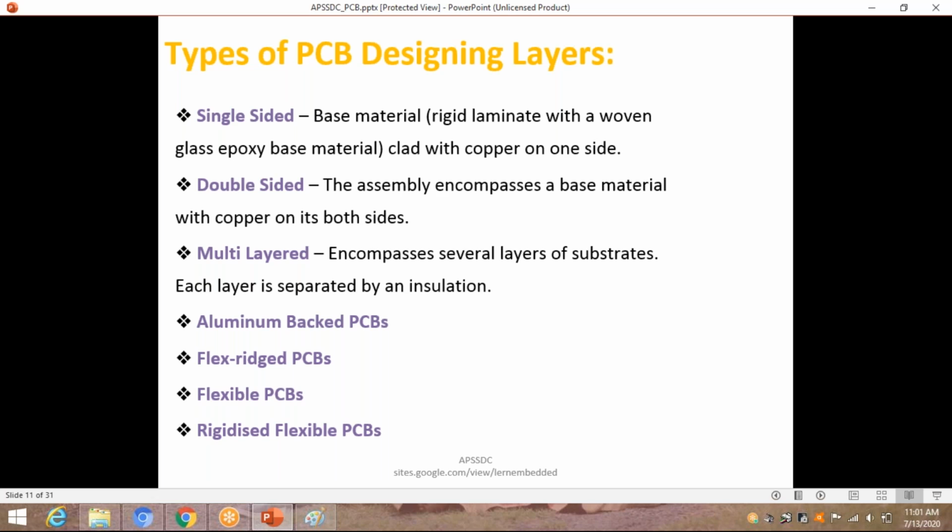A lot of times, sir. I think all of you have seen what is inside a TV remote. Is it yes or no? Yes, sir. Okay, many of you have seen it. There you will find a PCB. It is a single-sided PCB.